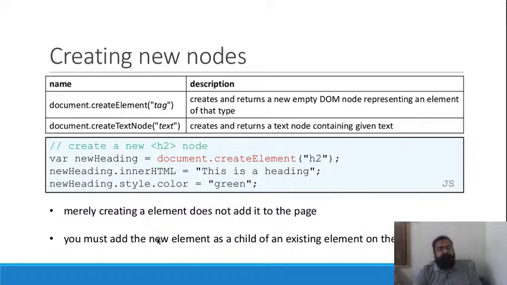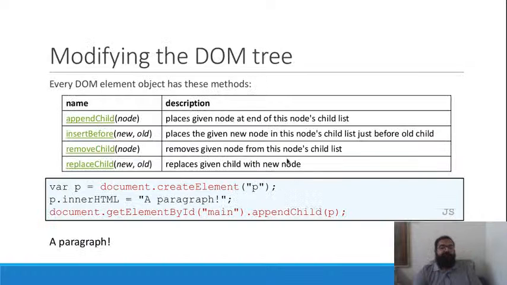So you have to add the new element as a child of an existing element on the page. Okay, because otherwise it will not add it to the page immediately, right? Because you have to modify the DOM. So you can actually modify the DOM tree by appendChild, insertBefore, removeChild, replaceChild.